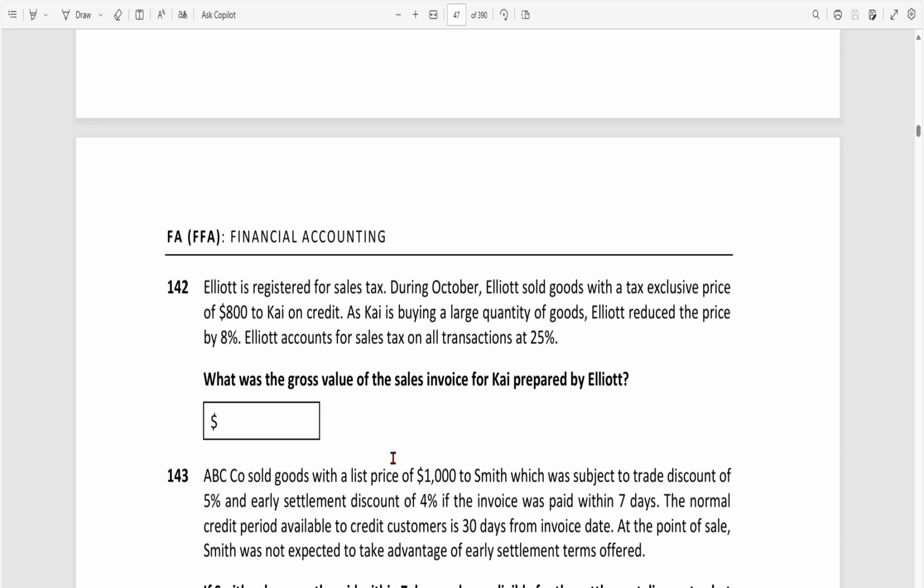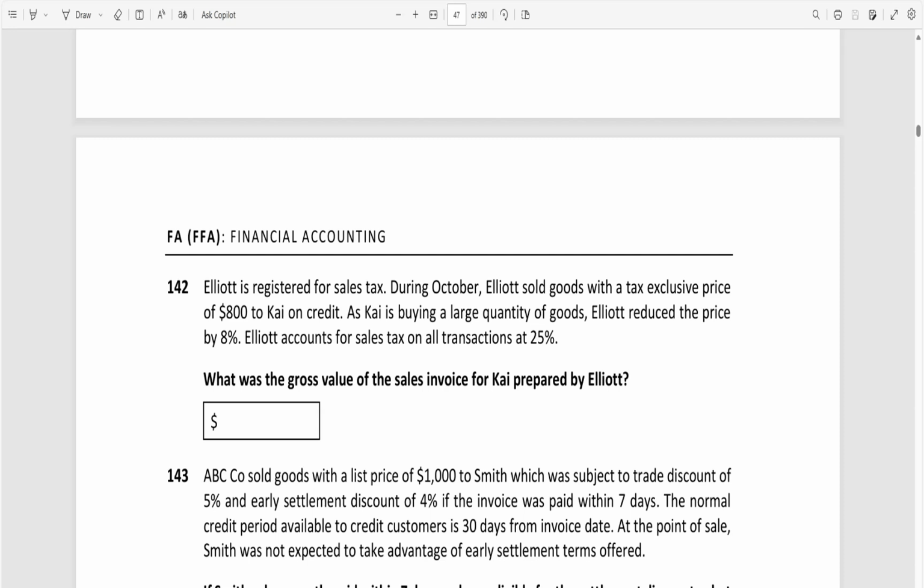As Kai is buying a large quantity of goods, Eloit reduced the price by 8% and Eloit accounts for the sales tax on all transactions at 25%. So basically the question is asking for the gross value of the sales invoice prepared by Eloit, right?